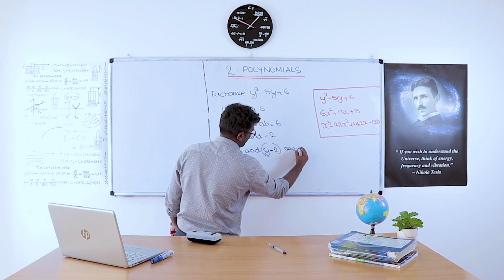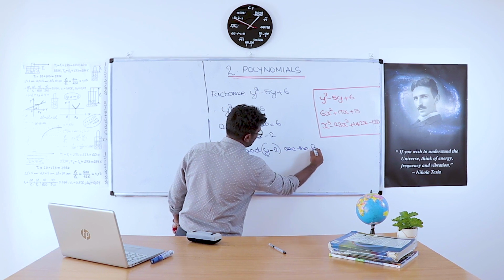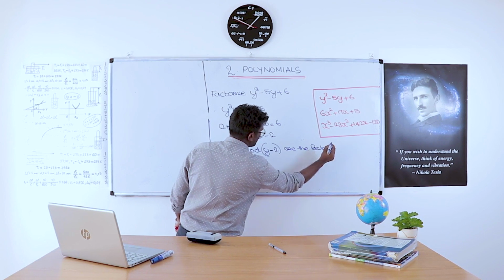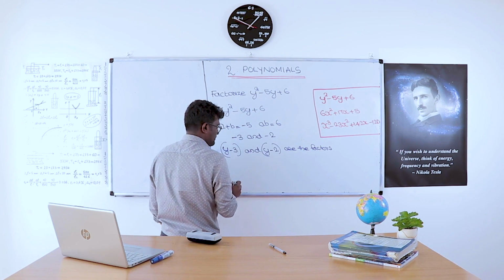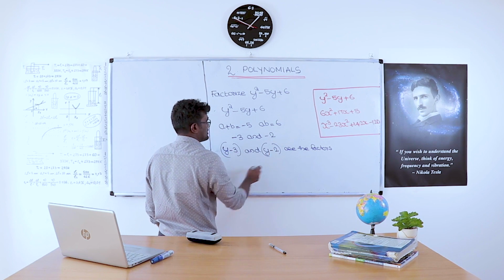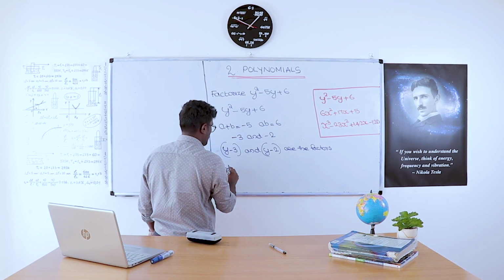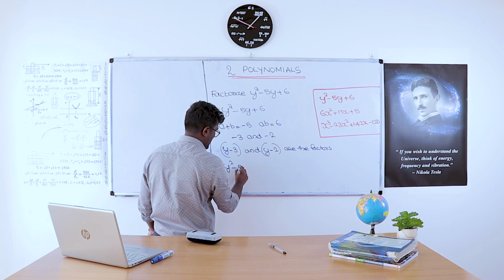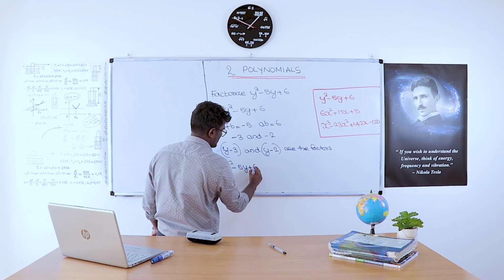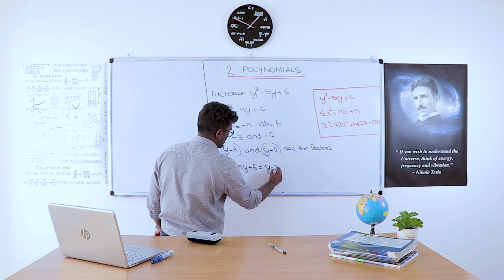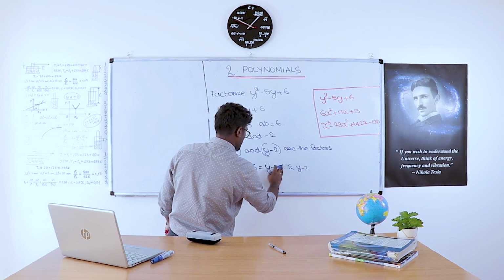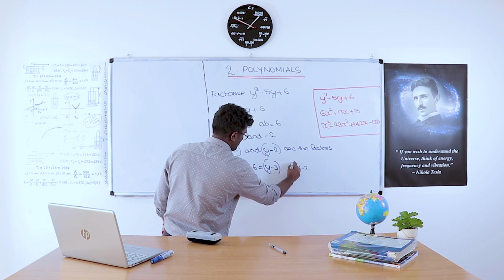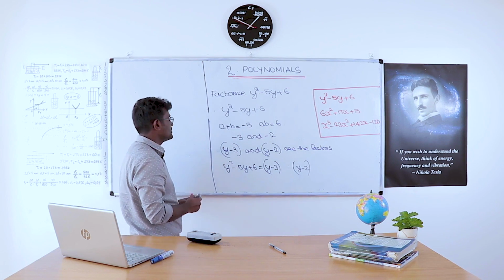We can find them directly from this equation. So we can write y square minus 5y plus 6 equals y minus 3 into y minus 2. Correct.